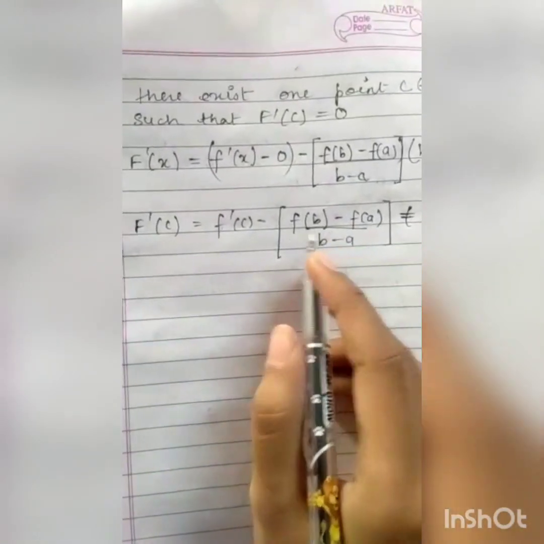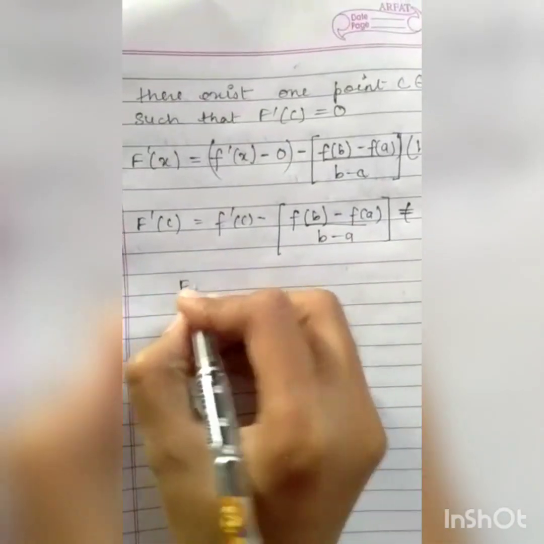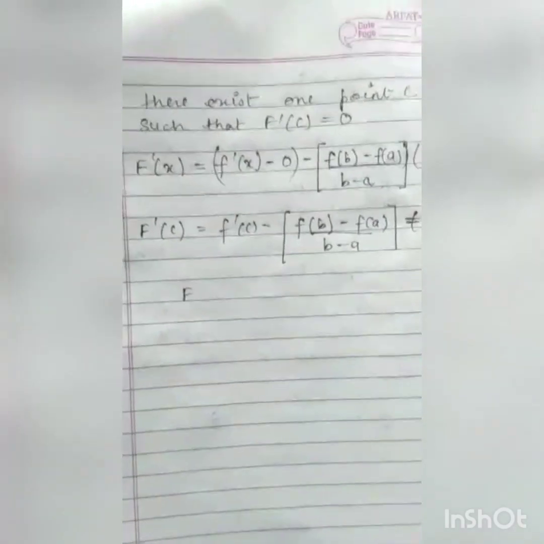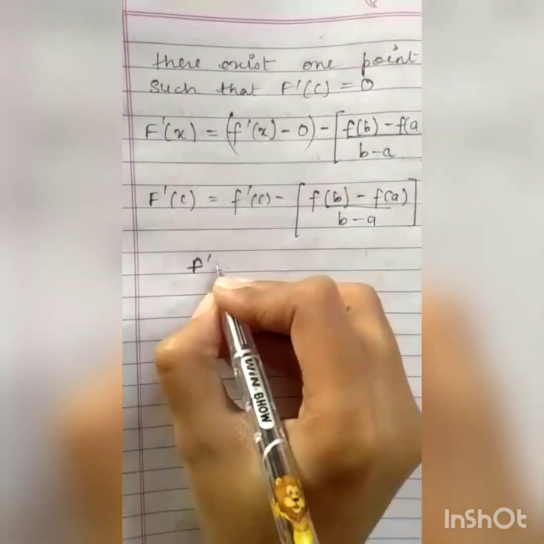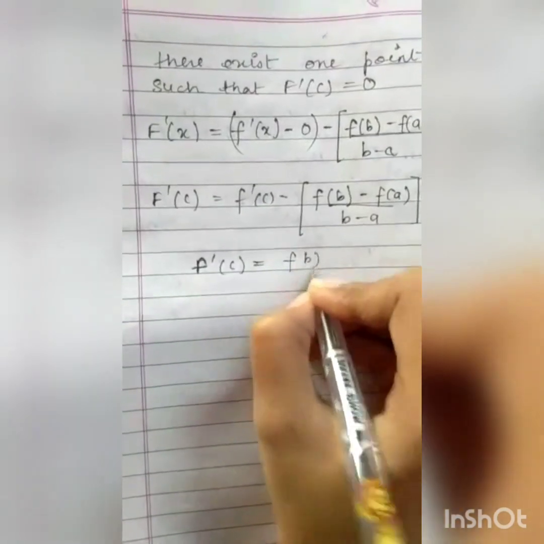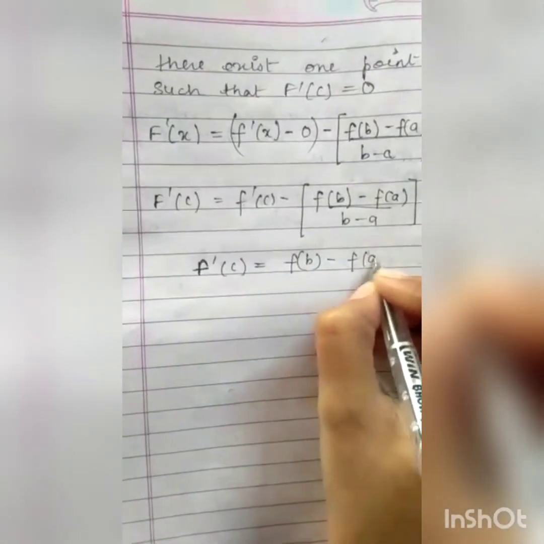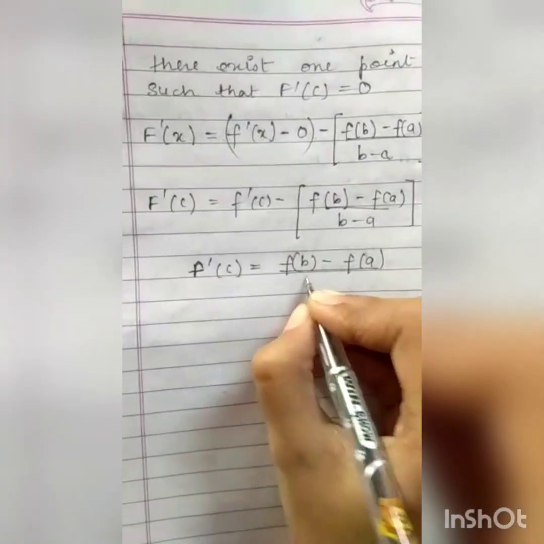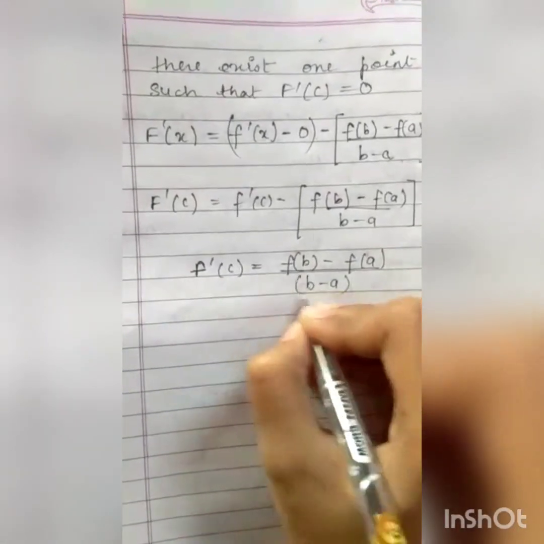Now when we equate it, we will get f'(c) as [f(b) minus f(a)] upon (b minus a).